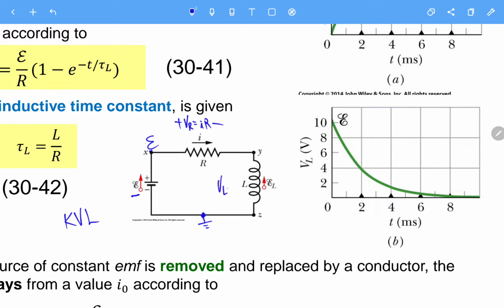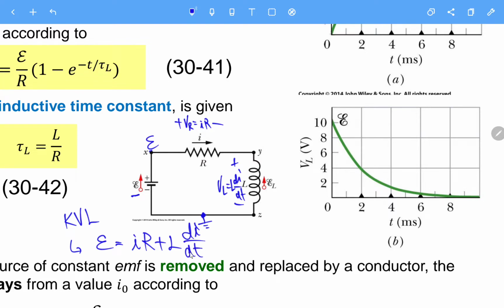So this VL is L di/dt. This is positive, this is negative. So we can write out the KVL as E equals I times R plus L times di/dt.